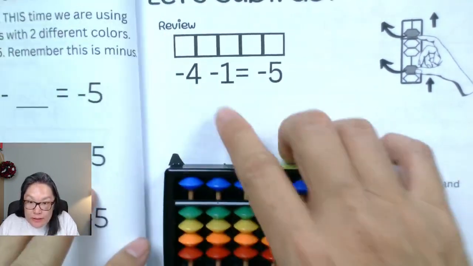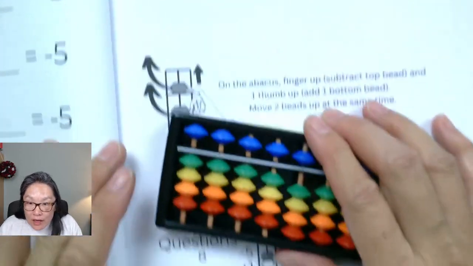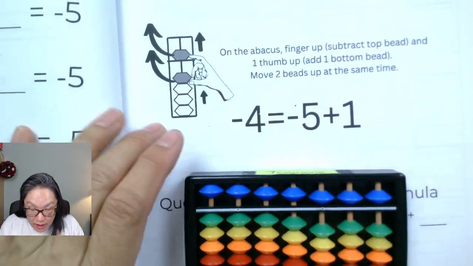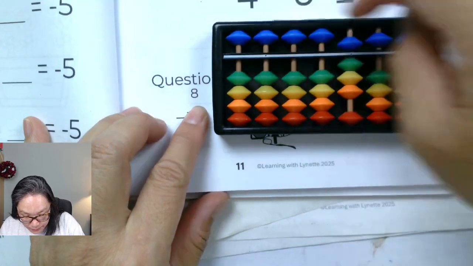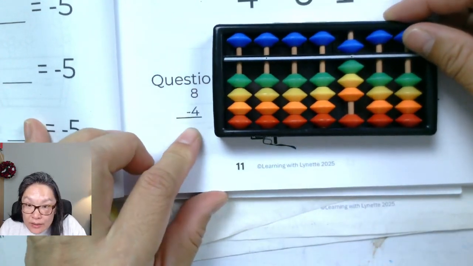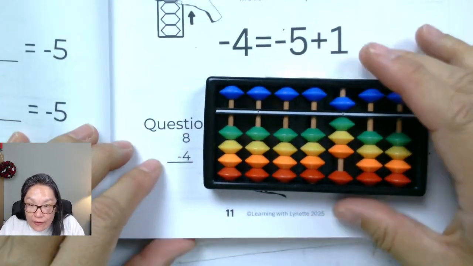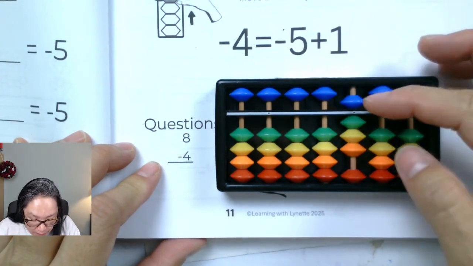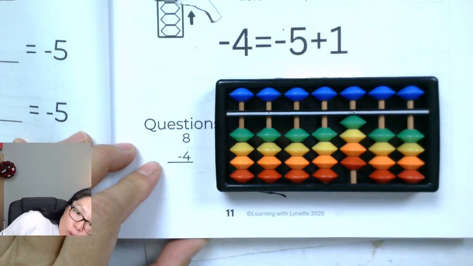Here we do minus 4, and we modify it: minus the 4 is equal to minus the 5 plus the 1. Now in my question, we have 8 and we take away the 4. To take away the 4, we have my handy dandy number 5. We're going to minus the 5 and plus the 1. And my final answer is 4.